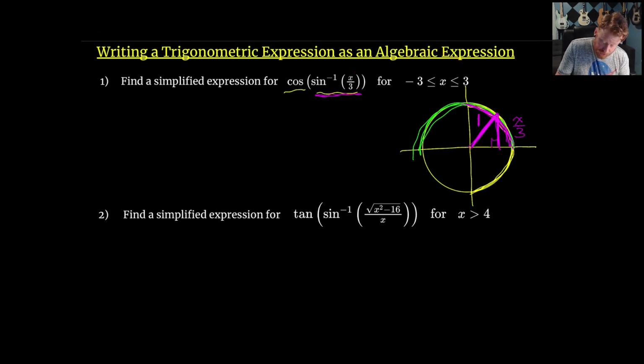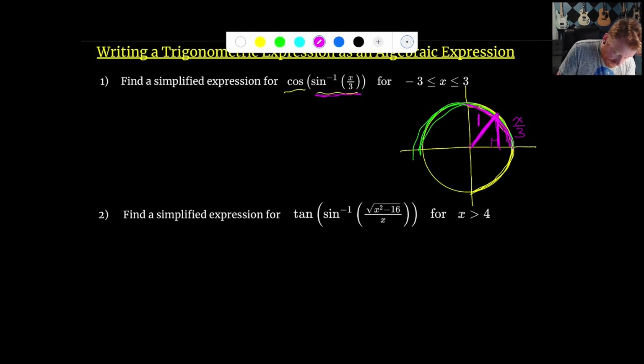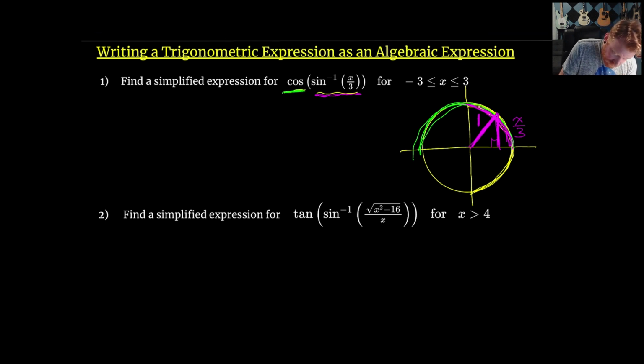Okay, now we're trying to figure out what the cosine of this is. So what we would like to find, the cosine, is going to be this side of our unit circle here. So this is what we're trying to find. We're just going to use the Pythagorean identity to solve this guy here. So we've got the cosine squared of theta plus the sine squared of theta, which in this case is x over 3 squared, should be equal to 1.